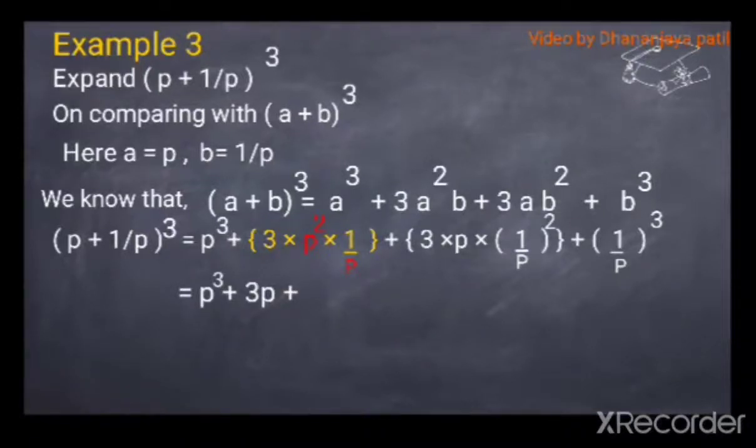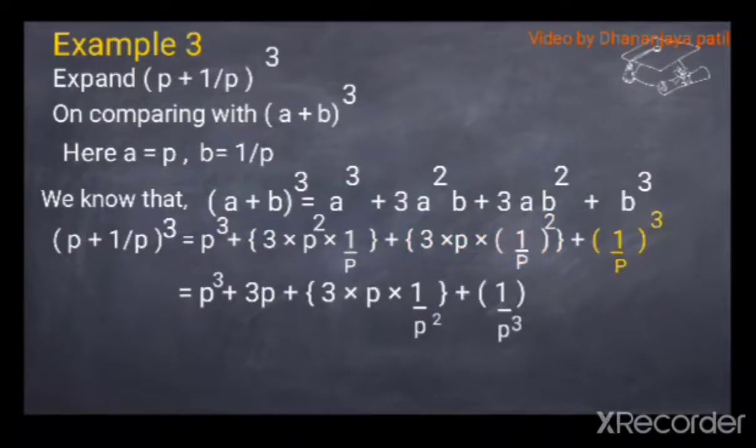Therefore our answer is 3p. Now in the third term, first square this bracket. Its square is 1 upon p square, and the cube of the last bracket is equal to 1 upon p cube. Now let's solve this third term.